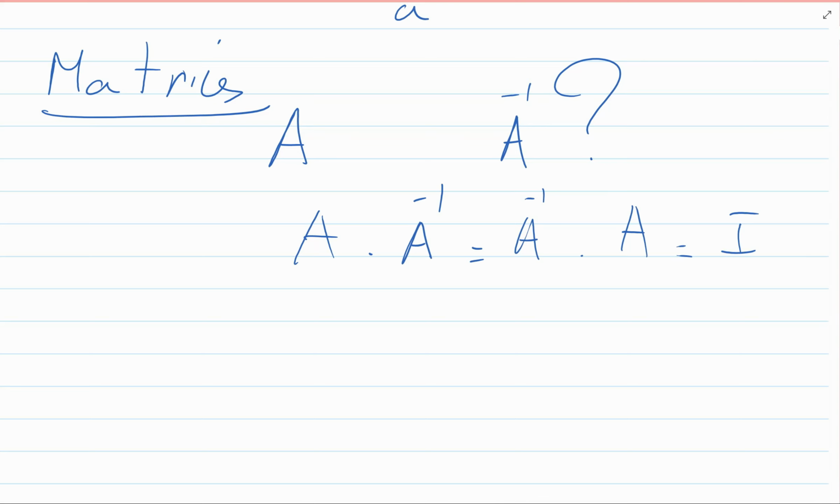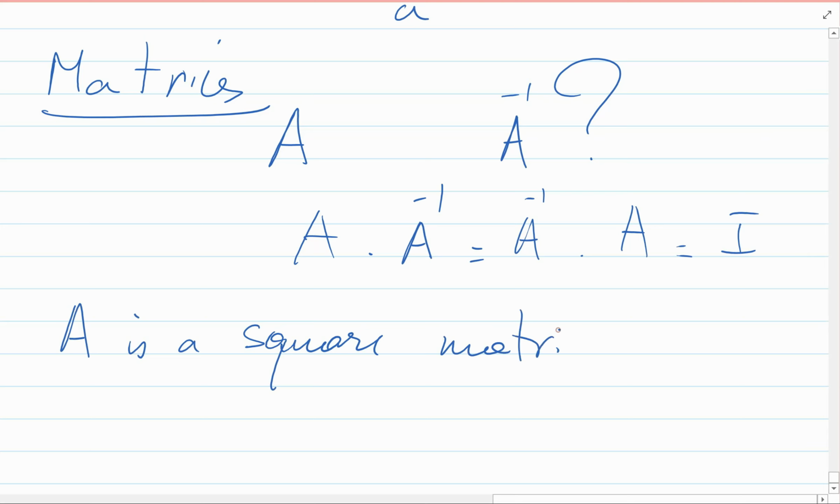Okay, so basically A is a square matrix of size n.